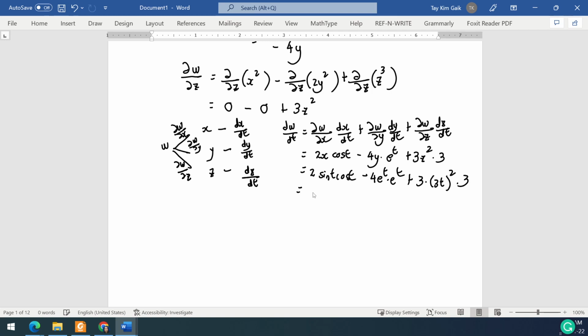So you got 2 sin t cos t, can you put sin 2t, minus 4 exponent 2t. This is 3 squared is 9, 9 times 9, so 81 t squared.